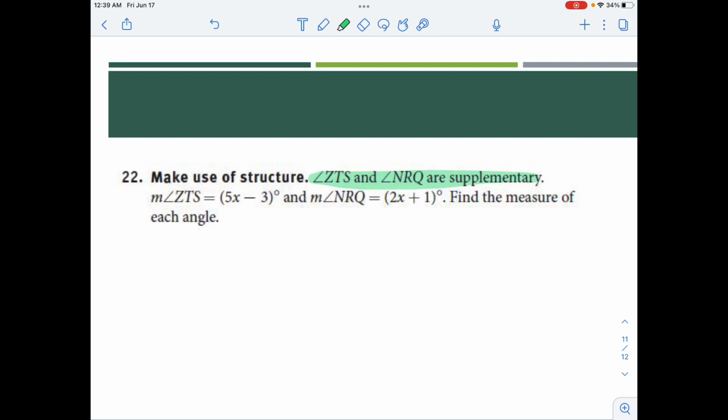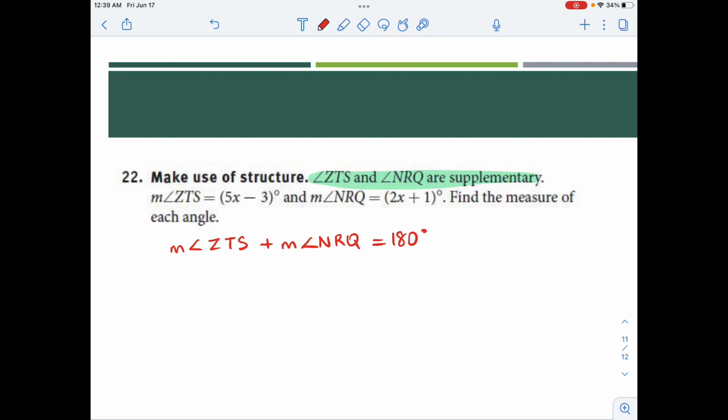Let's go ahead and start writing the equation. So measure of angle ZTS plus measure of angle NRQ is 180 degrees. Then we can create the equation now.